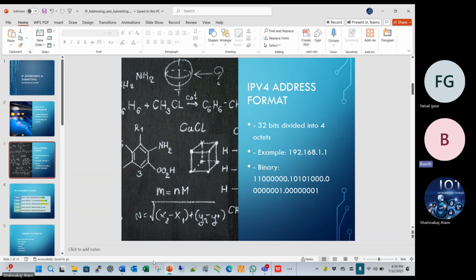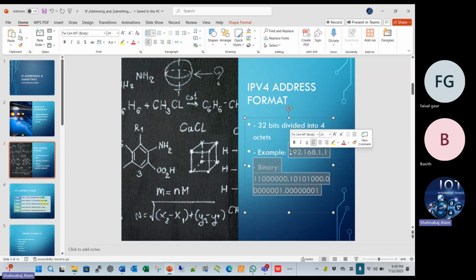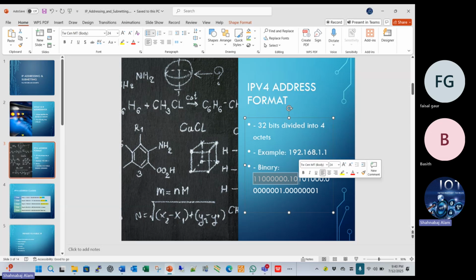So, bro, this is 192.168.1.1, which is converted into binary format. Actually, every computer understands the 0 and 1 format. This is the decimal format, right? Computers do not understand decimal format, so that's why we convert it into binary format, then data will be transferred from one PC to another PC, right?